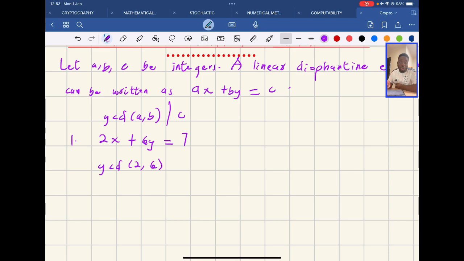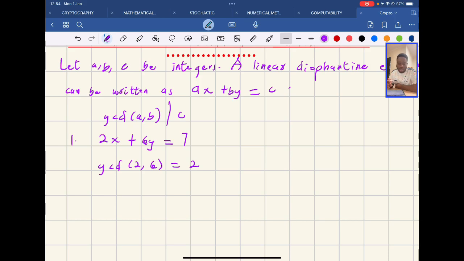We can go through the Euclidean algorithm, or you can see that the GCD of 2 and 6 is indeed 2. If the numbers are not that huge, there is no need for the Euclidean algorithm; you can tell from it. So the GCD of 2 and 6 is 2.